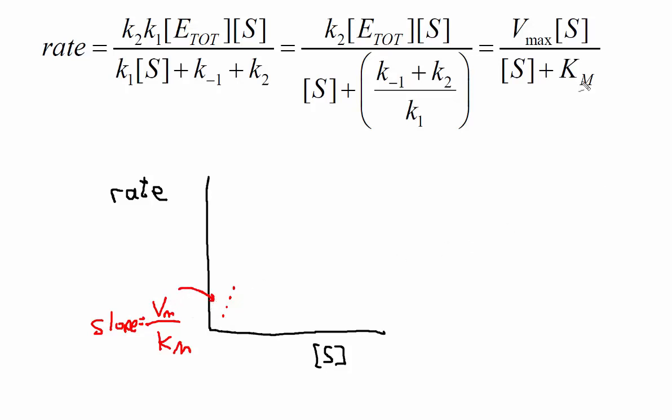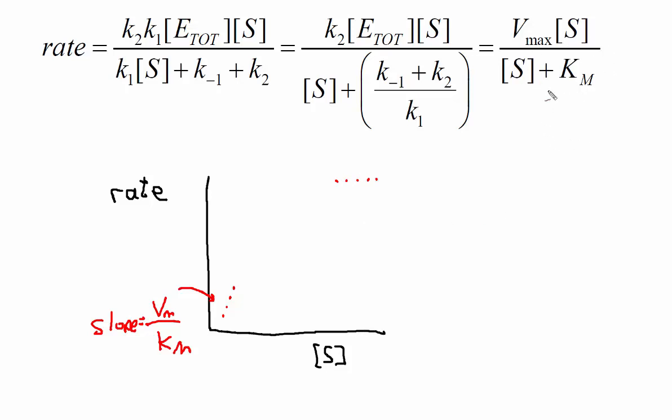Now, jump to the other end of the x-axis. For large substrate concentrations, we'll see that eventually it doesn't matter how much additional substrate you add, the rate no longer increases. That is to say, the data looks pretty much horizontal at large S values. And why is that? Well, again, come back to the rate law that we derived.